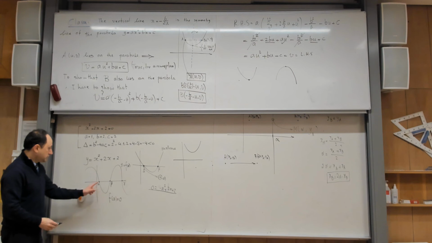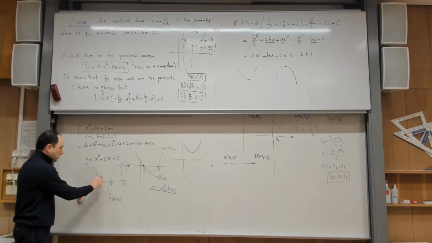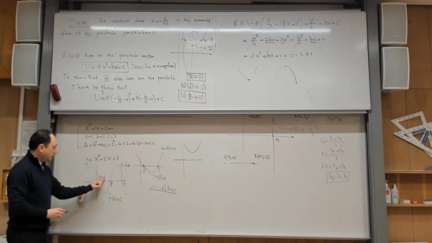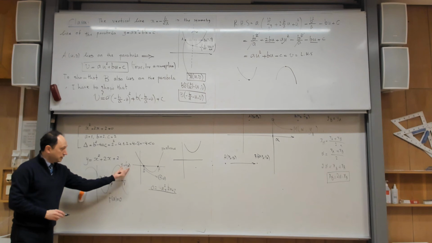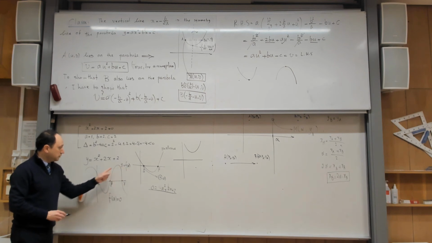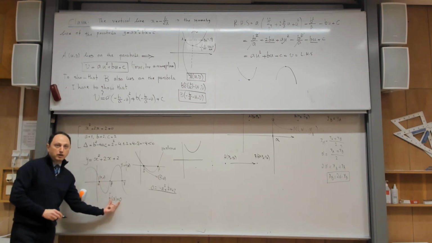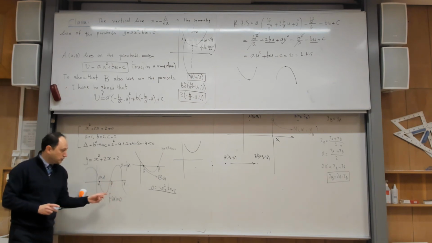Yes? Because this point has the coordinates alpha and 0, and because alpha and 0 lies on the curve, its coordinates should satisfy the equation of the function, meaning that replacing y with 0 and replacing x with alpha is a true equality. So this is extremely important to understand.